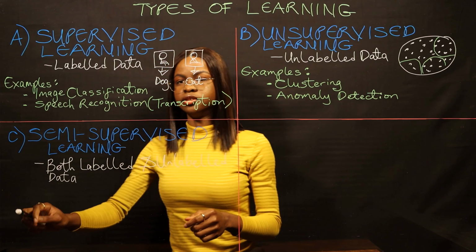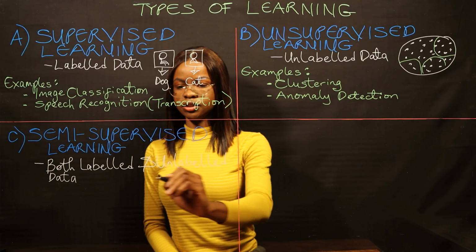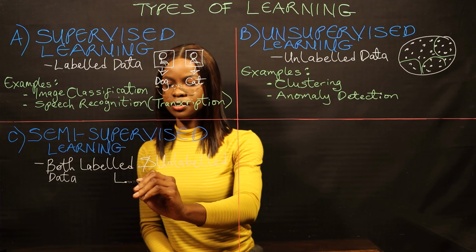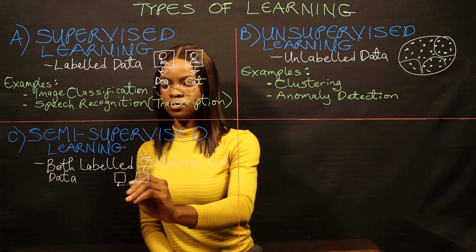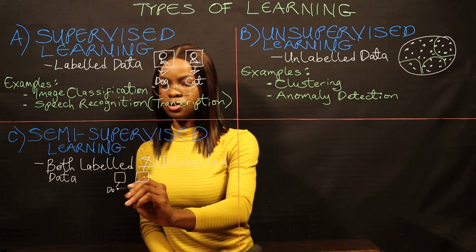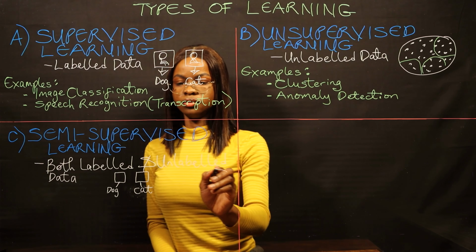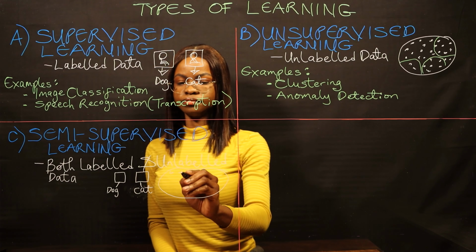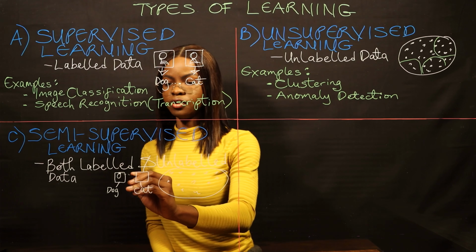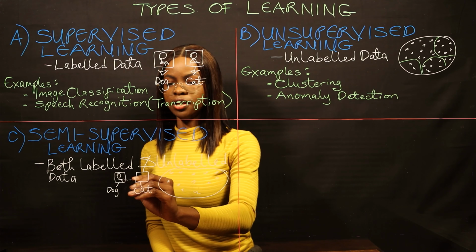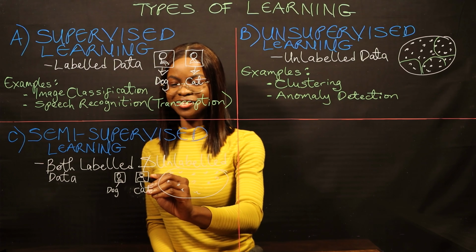What do I mean? Okay, so let me try to give a visual representation of this. So this is our labeled data, for example, dog, cat, and then let me draw the cat, the dog. Apologies for the drawings of the cat and dog.